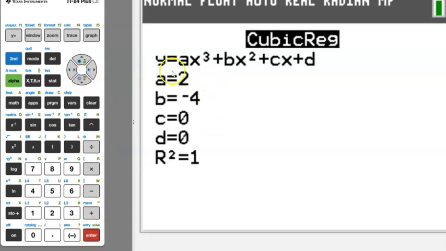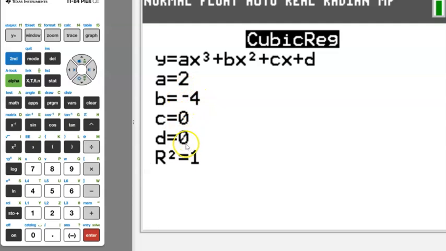and press enter. Notice that this TI-84 gives you the cubic function, y equals ax cubed plus bx squared plus cx plus d. A is 2, b is -4, c is 0, d is 0, and the correlation coefficient is 1. So we just know that our a is 2, our b is -4.